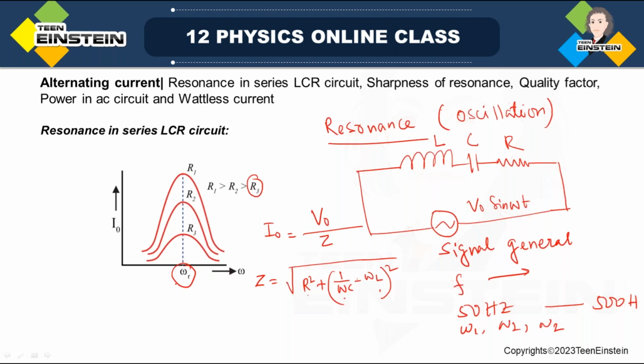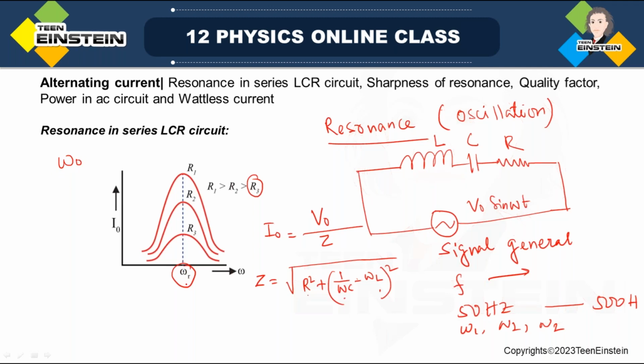This particular frequency is called the resonant frequency. That means the LCR circuit has a natural tendency of oscillation and a certain natural frequency, let us say omega 0.